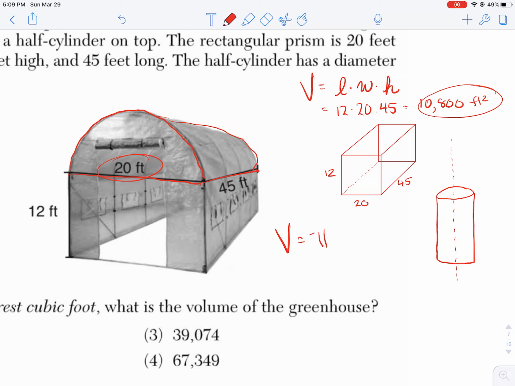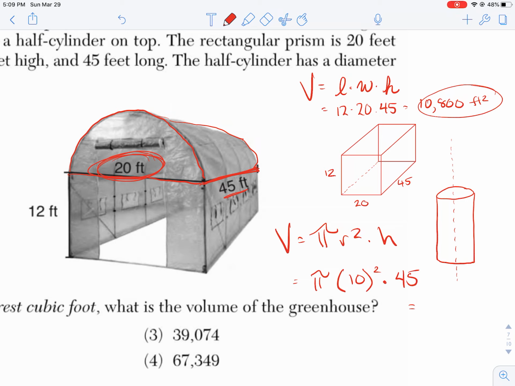They give us the diameter of 20. So that's what we're going to need, pi r squared times our height. We need to find out what this radius is. Now they give us our height. Our height is just the length of this rectangular prism, so our height is 45. So we just need the radius. To find the radius, we take our diameter and divide it by 2, which is just 10.